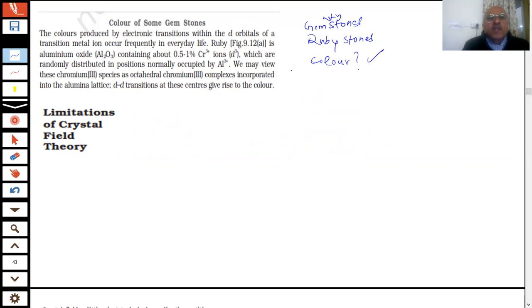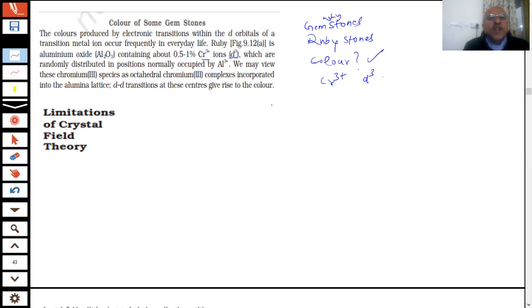For example, ruby, you have seen, because students, they contain chromium 3 plus ion. Ruby contains chromium 3 plus ion, student. This is a transition metal ion, which is d3. They are distributed in them randomly, and chromium 3 species as octahedral chromium 3 are incorporated into the alumina lattice.